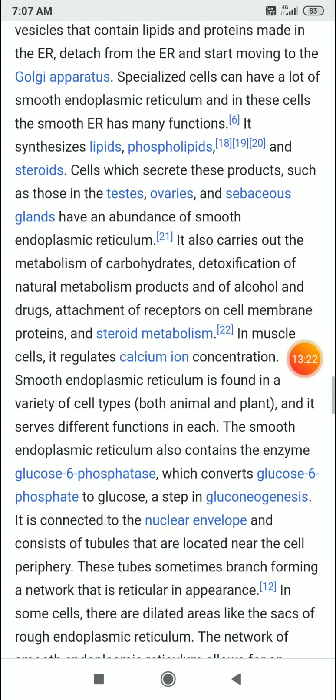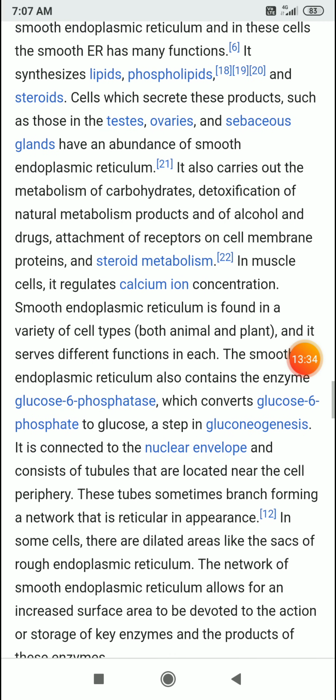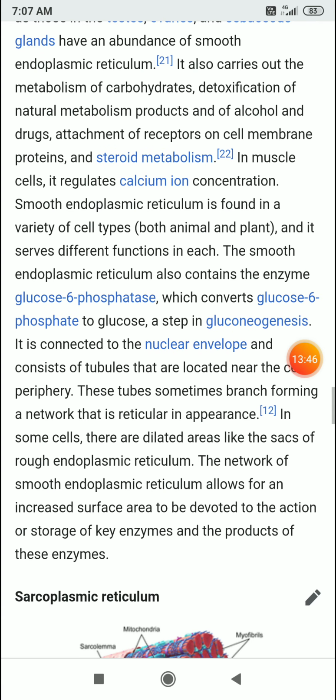Smooth endoplasmic reticulum is found in a variety of cell types, both animal and plant. It serves different functions in each. The smooth endoplasmic reticulum also contains the enzyme glucose 6-phosphatase, which converts glucose 6-phosphate to glucose in gluconeogenesis. It is connected to the nuclear envelope.